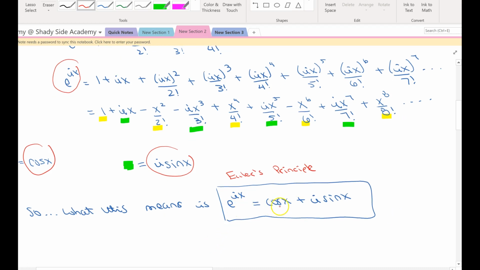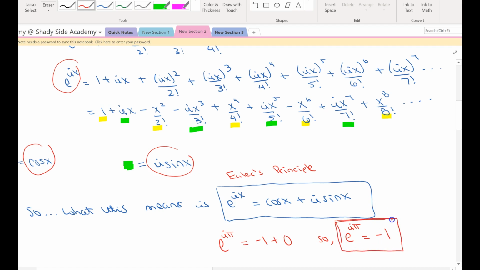If e to the ix equals cos x plus i sine x, then e to the power of i times pi, if x equals pi, should equal cosine of pi, which is -1, plus i times sine of pi, which is 0. So e to the power of i pi equals -1.